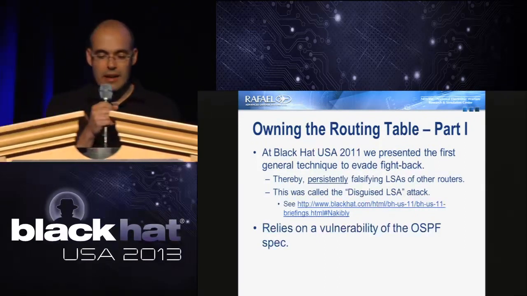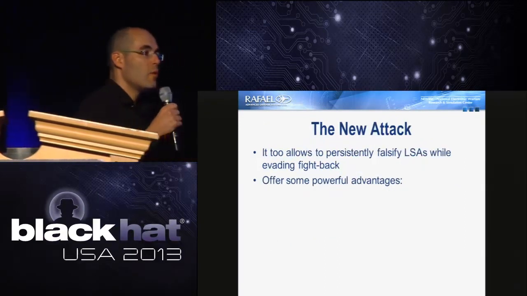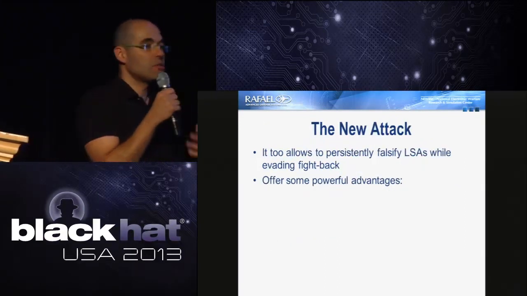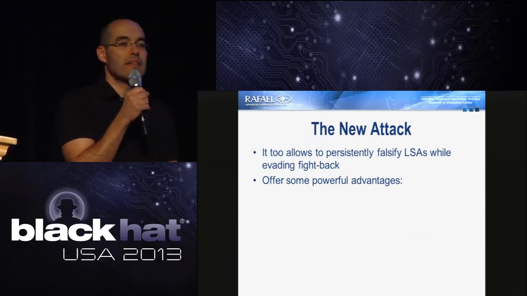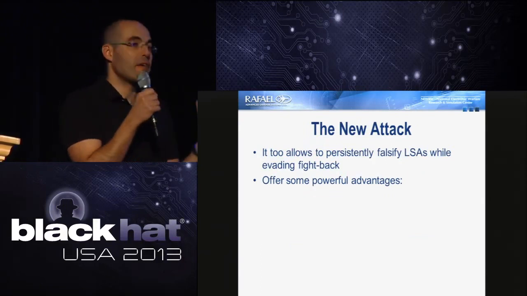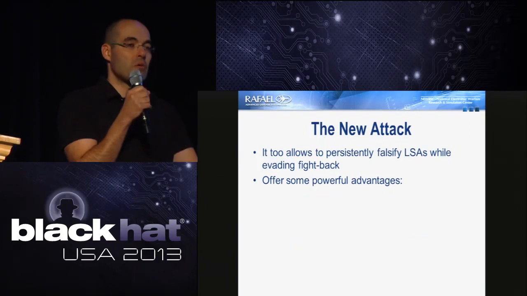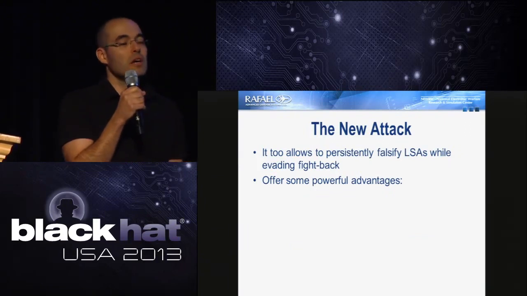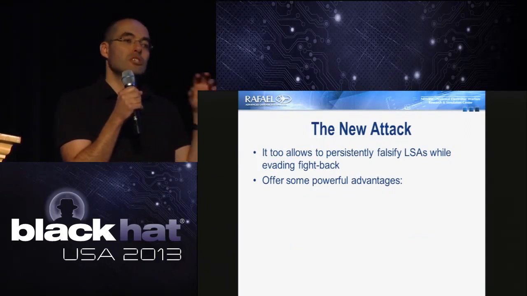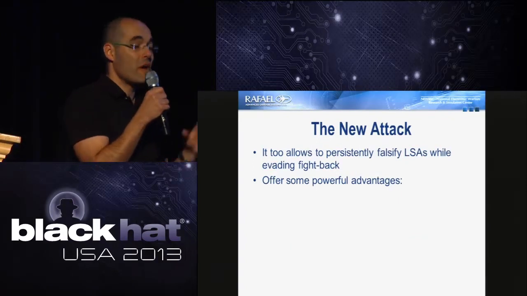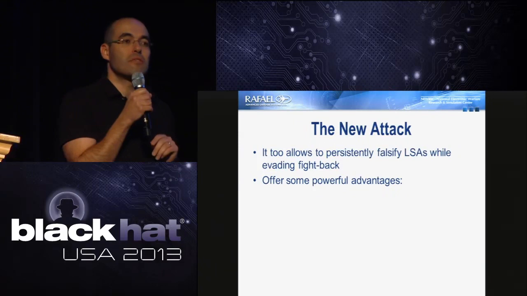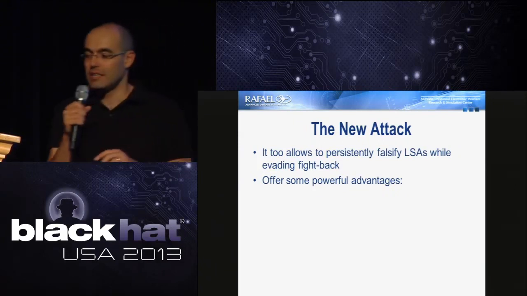Now, the new attack also affords the ability to persistently falsify LSAs on behalf of some other router. It also exploits a vulnerability which is embedded in the OSPF standard. However, it does offer some added advantages.